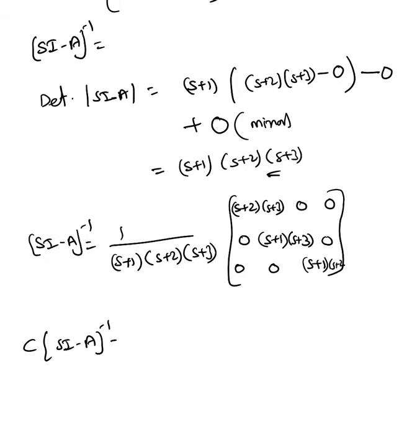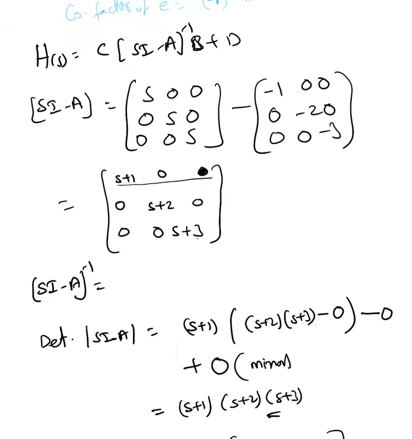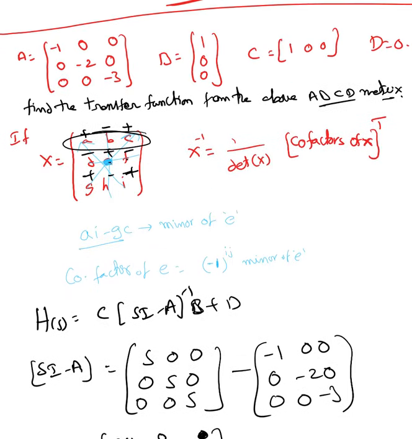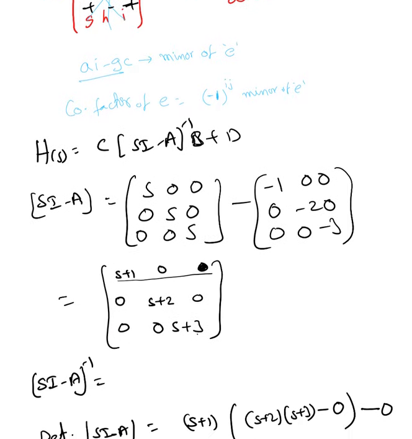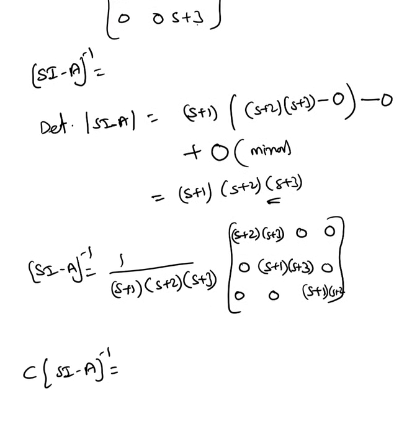For C times (sI minus A) inverse, I highly recommend you start with whichever has the higher number of zeros. For example, if you have B as 1 0 0 and C as 1 1 1, first do it with B, so you can eliminate a couple of elements. That will make our life easier, or the calculations easier.